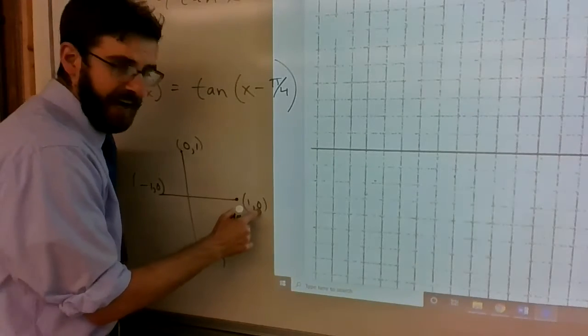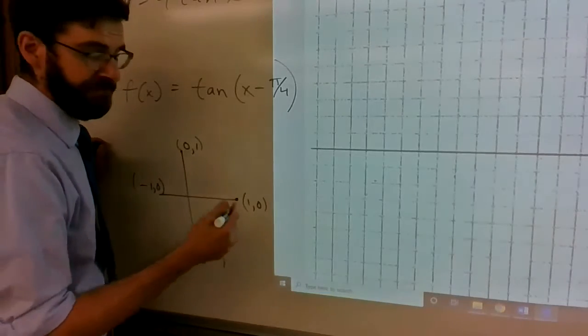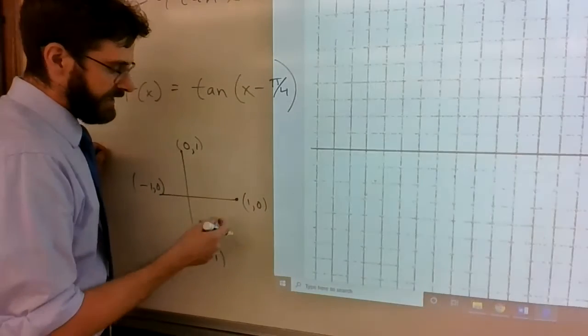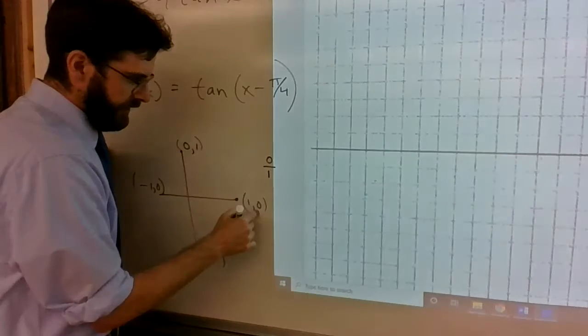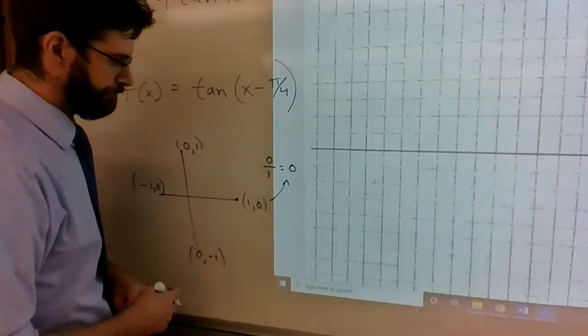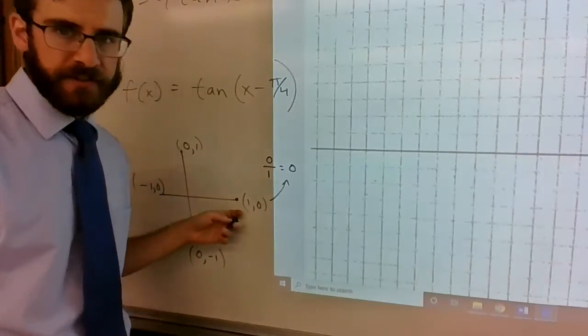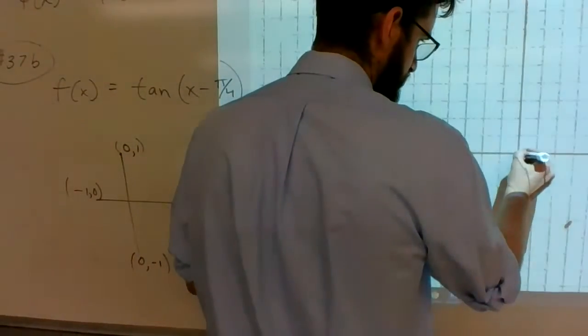Tangent is the sine divided by cosine, if you recall that fundamental identity. That idea that if I take 0 divided by 1, that will yield the tangent value that I'm looking for right here. Yeah, so at 0 radians, tangent turns out to be 0.